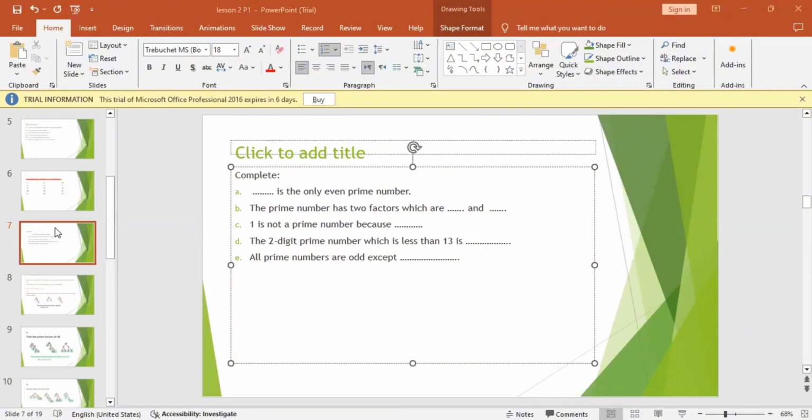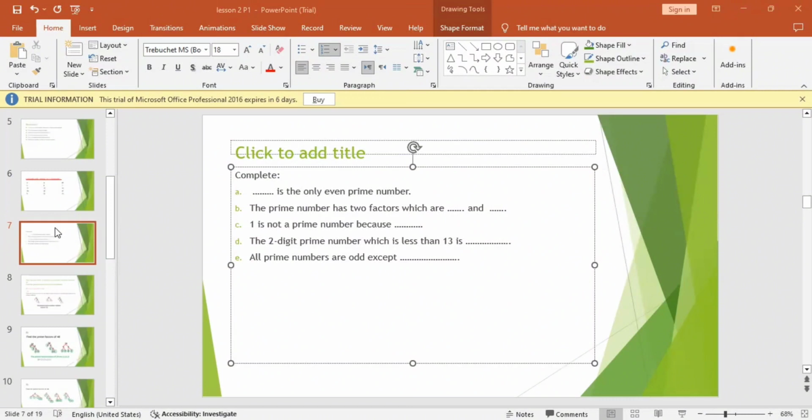Number B, a prime number has 2 factors, which are exactly 1 and the number itself. Number C, 1 is not a prime number because it has only 1 factor. Number D, the 2-digit prime number which is less than 13.